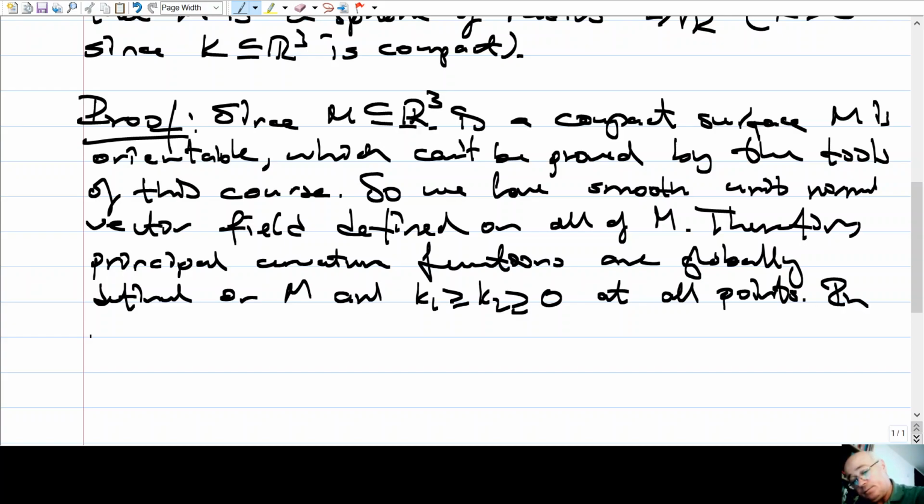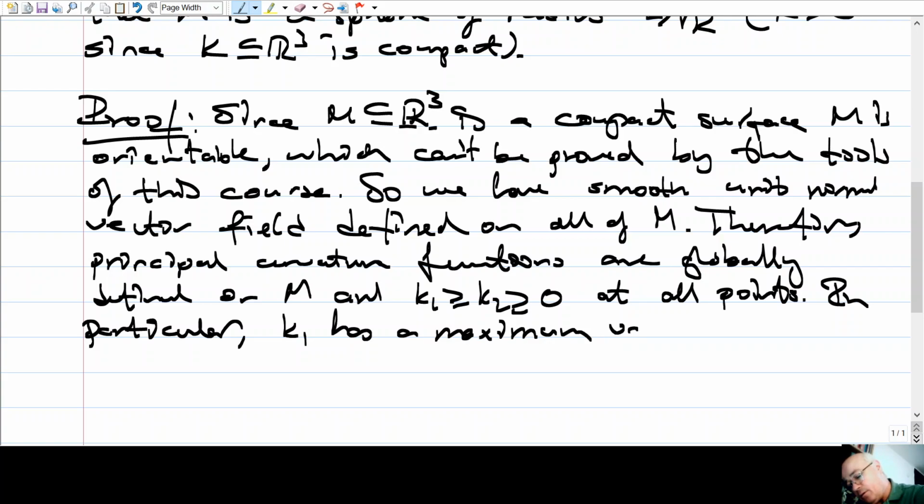In particular, K1 has a maximum value at some point, say P. So K1 of P is larger than or equal to K1 of any other point.